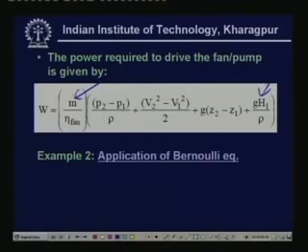V2 square minus V1 square divided by 2 is the difference in velocity pressures at the outlet and inlet, and this is the difference in the datum heads. And here eta fan is the efficiency of the fan. That means if the fan has some inefficiency, then you have to take that into account. So, this expression gives you the fan power required or pump power required.